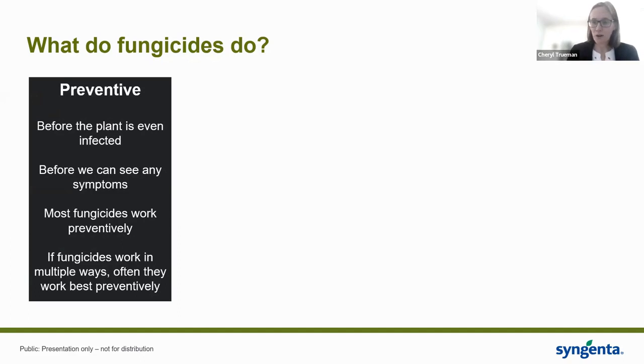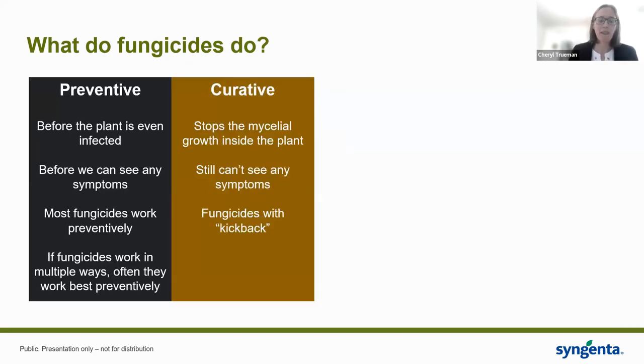Most fungicides work preventatively, and if fungicides work in multiple ways, then they work best when used preventatively. There was a question earlier this morning about fungicide applied before rain, and that was good to hear in the sense that yes, you have the fungicide on before it rains, before that high risk period of infection, right? So working preventatively.